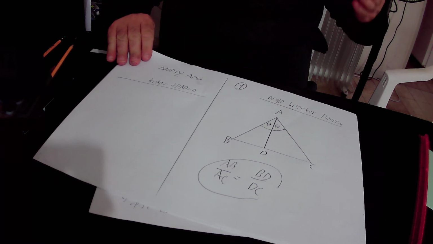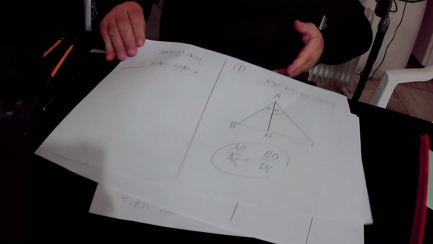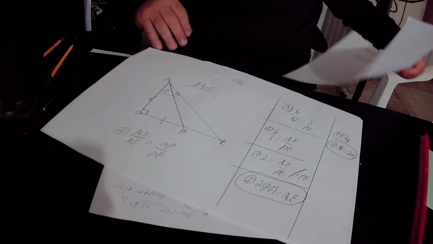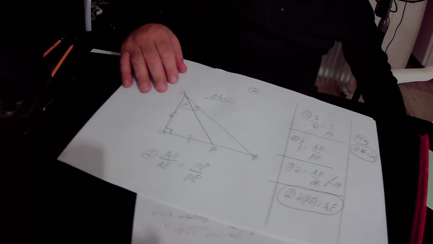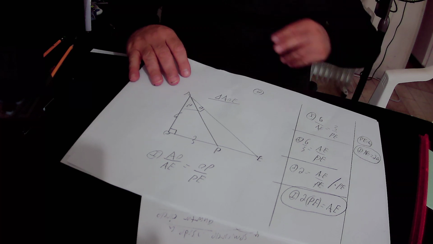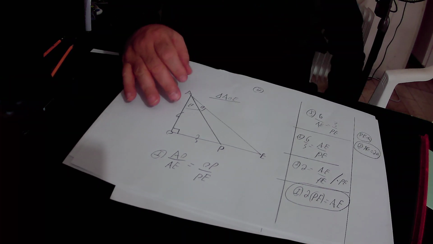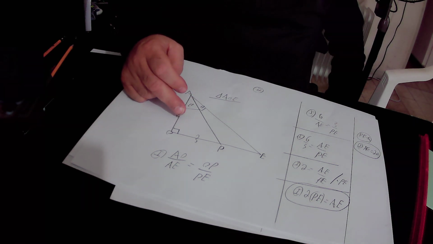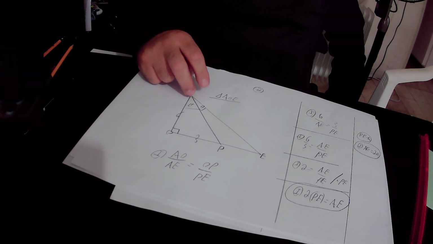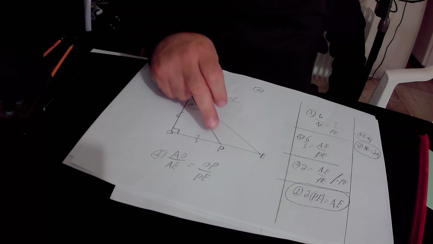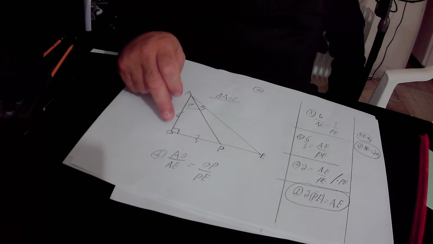So we can apply the angle bisector theorem in the right triangle AOE. I copied the right triangle AOE from the original drawing. This angle equals 90 degrees, those two angles are equal to theta, and AP is the angle bisector of angle OAE.